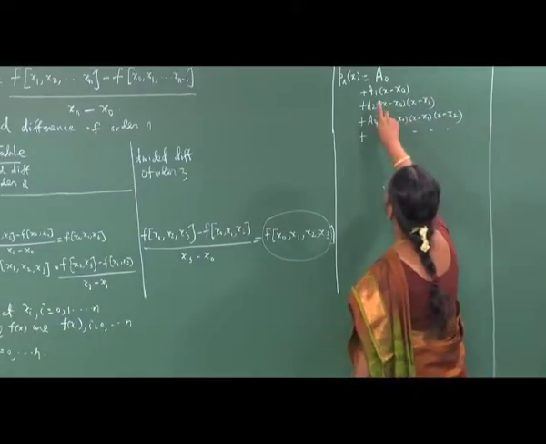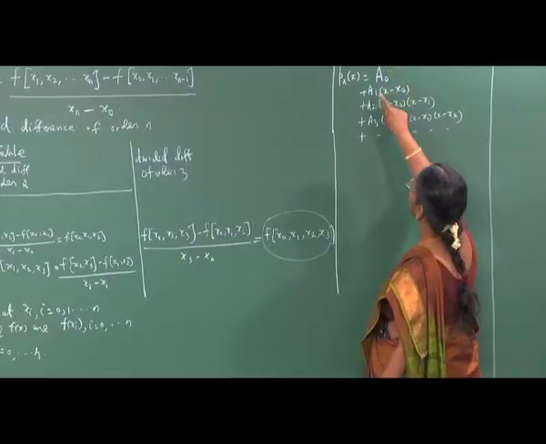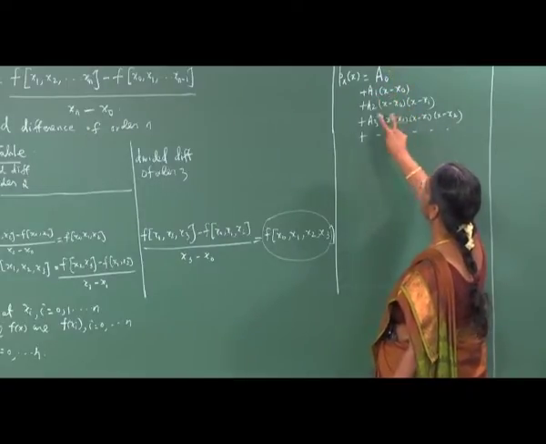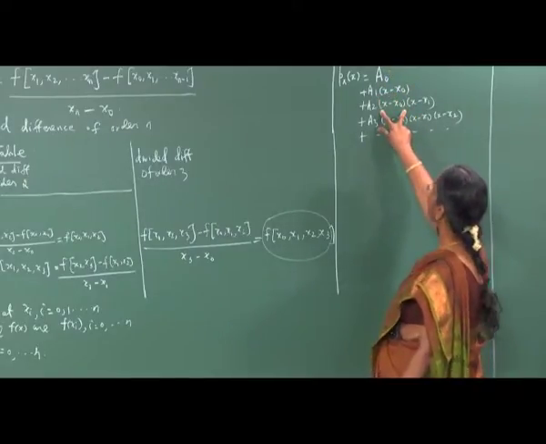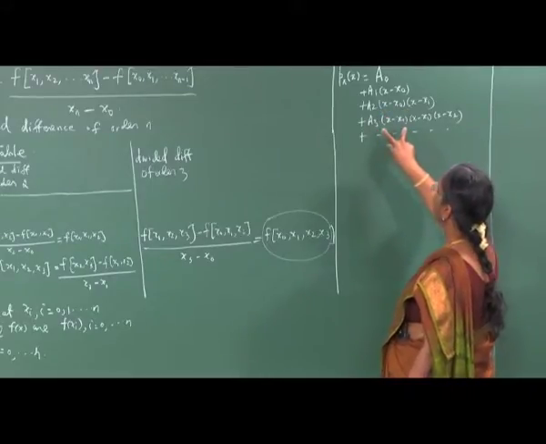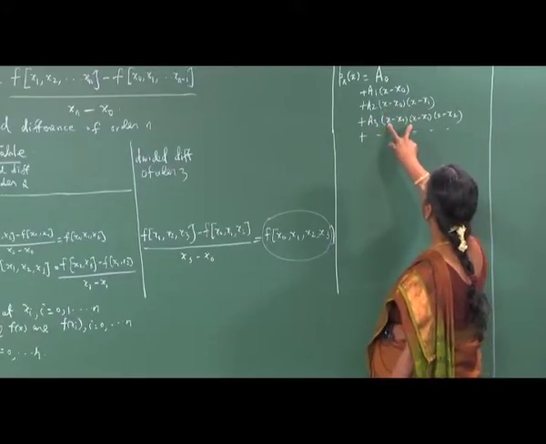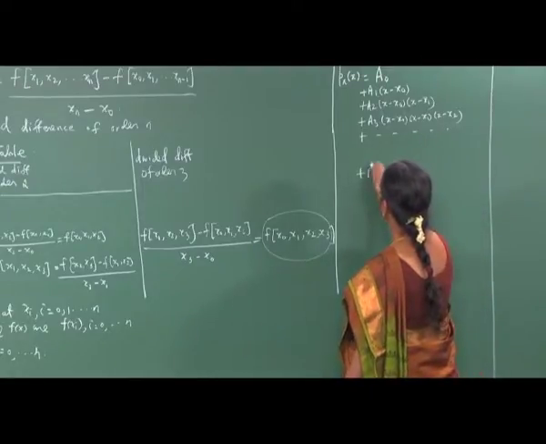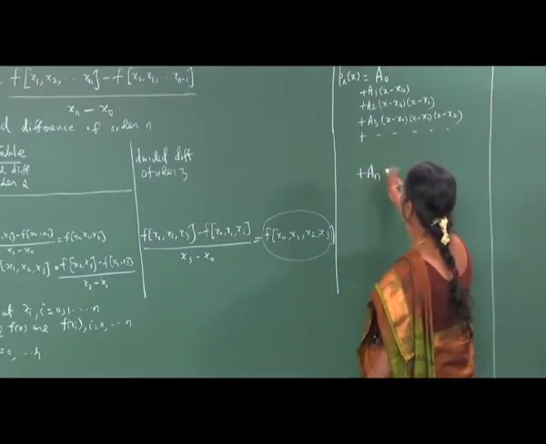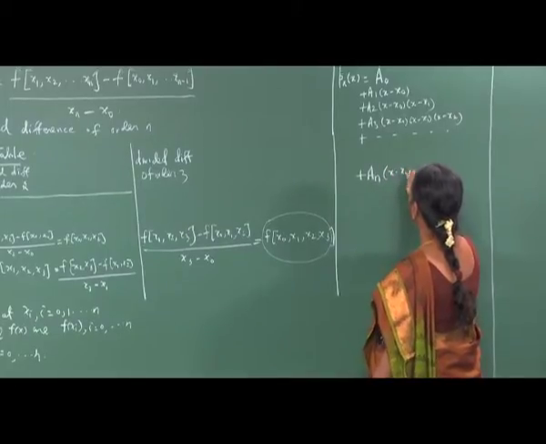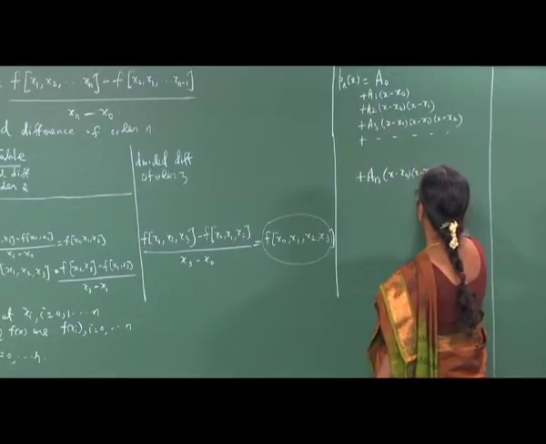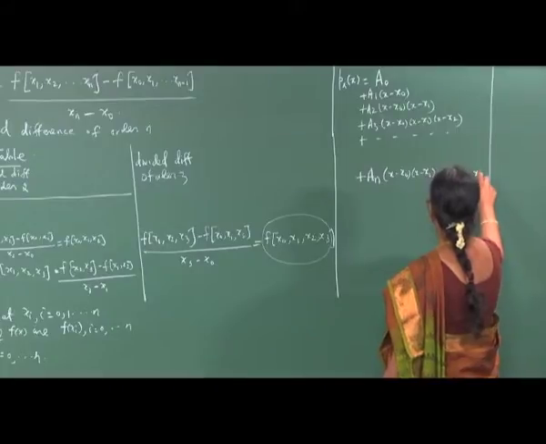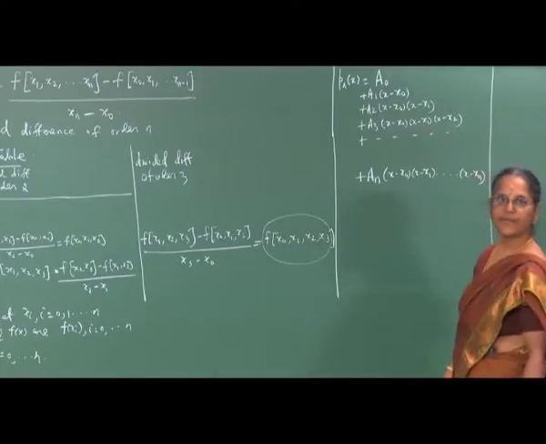So, the first term is a constant, the second term is a linear polynomial, the third term is a second degree polynomial, the fourth term is a third degree polynomial, and so the n plus 1th term will be a n into an nth degree polynomial x minus x naught etc. up to x minus x n.